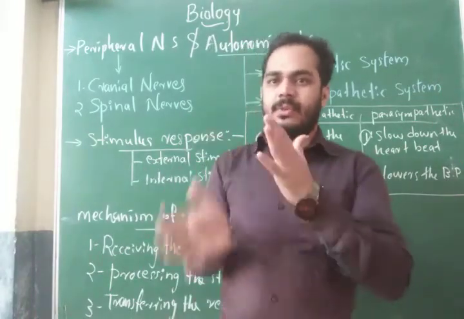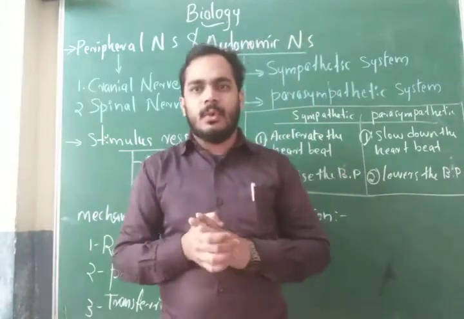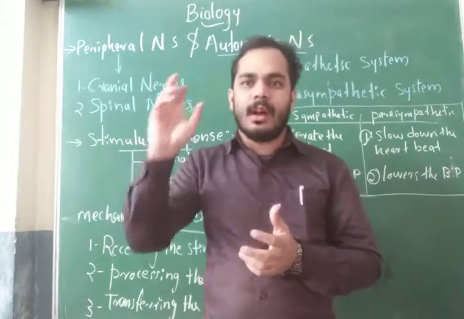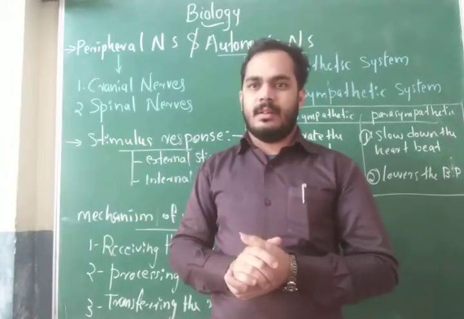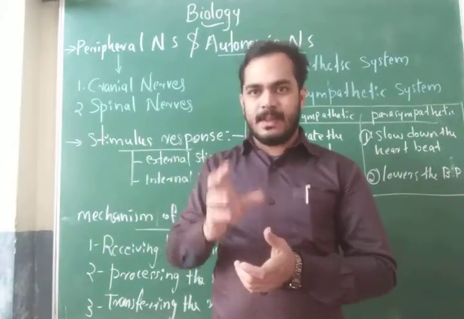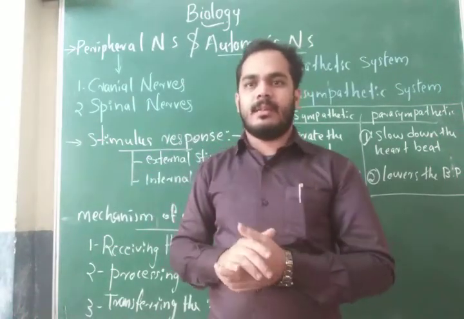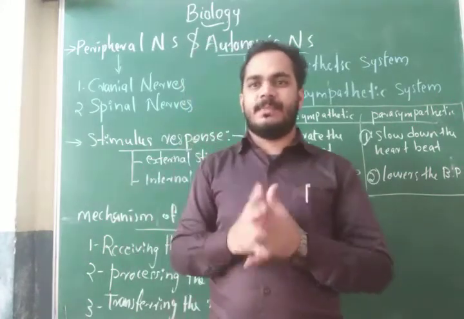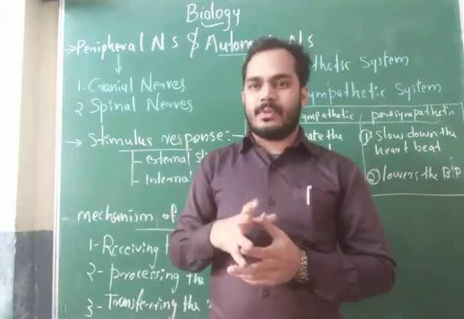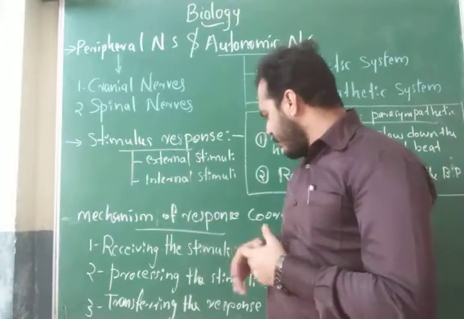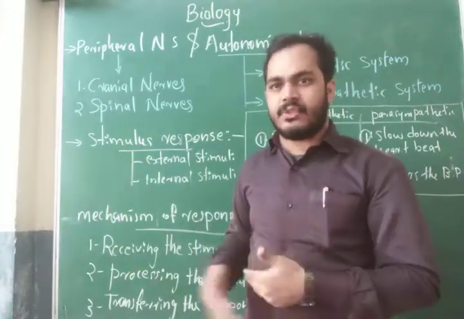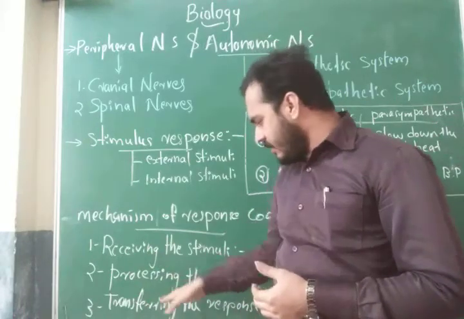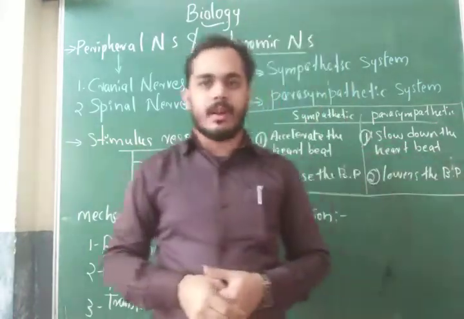This message is transferred through the body and then sent to the effector site, the effector part of the body. Okay, these are the three steps of the mechanism of response coordination. The first one, receiving the stimuli. Second one, processing the stimuli. And the third one, transferring the response.